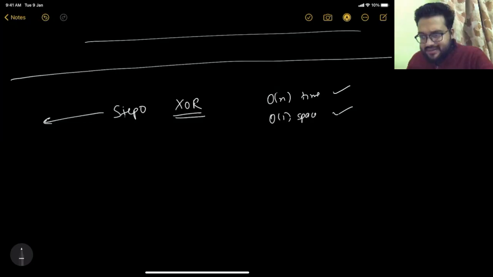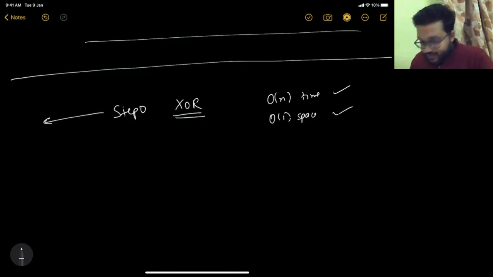In step 0, I wanted to find the XOR. In step 1, I want to find the K. How will I do that? I will start taking the AND of my XOR with 1.